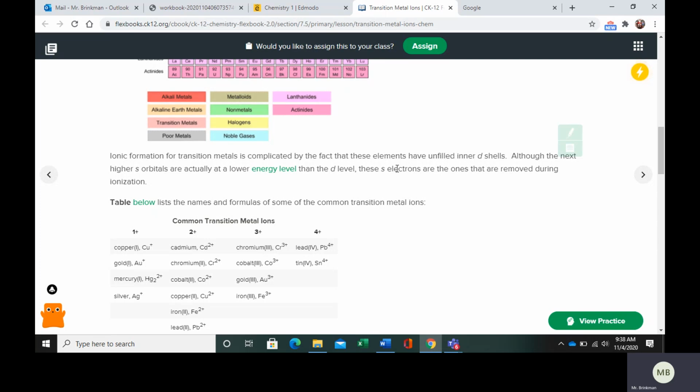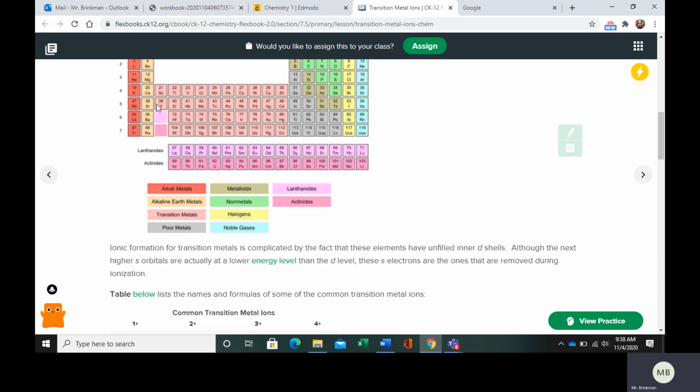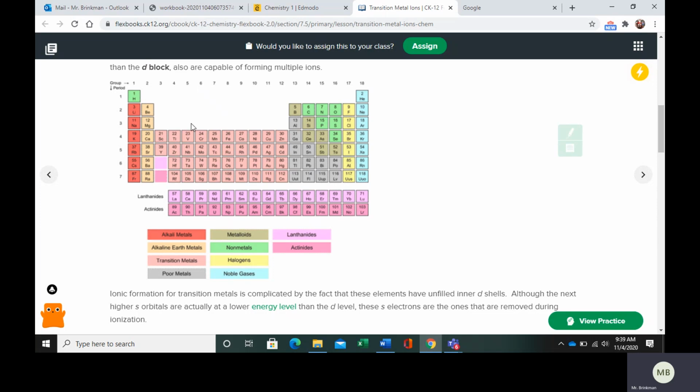And those are the s electrons that are going to be removed when these things are ionized. So remember, let's say it's the 3d shell that is getting filled. 4s is going to be getting filled before the 3d.